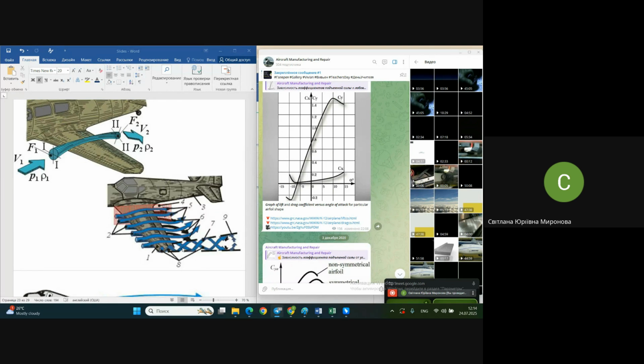And as a result, what is always happening is the appearance of additional turbulent flow somewhere in the area closer to the tips of the wing, of the stabilizer, of other elements of the airplane.